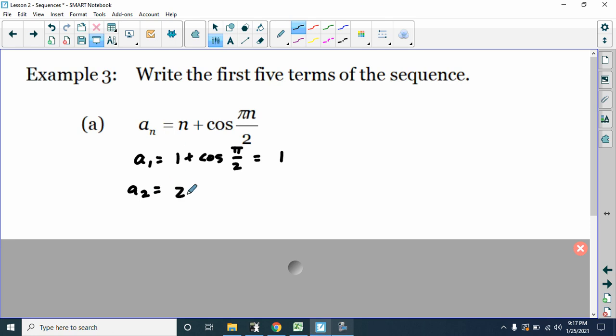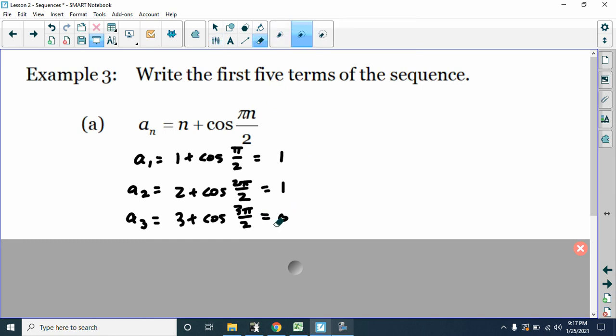A sub 2 is going to be 2 plus cosine of 2 pi over 2. Cosine of pi is -1. A sub 3 would be 3 plus cosine of 3 pi over 2. Cosine of 3 pi over 2 is 0.